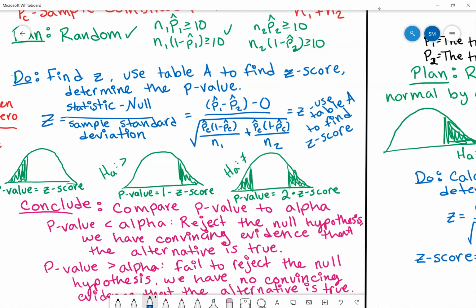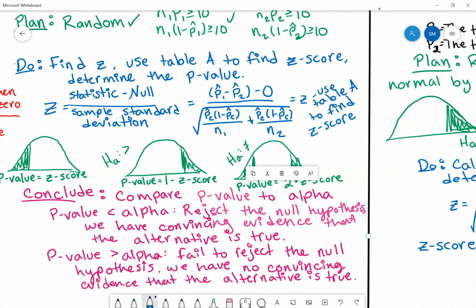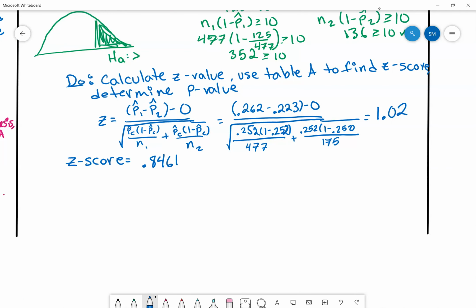From our notes, remember we said that if it is shaded to the right, the p-value is 1 minus the z-score. So your p-value is going to be equal to 1 minus 0.8461, which equals 0.1539.